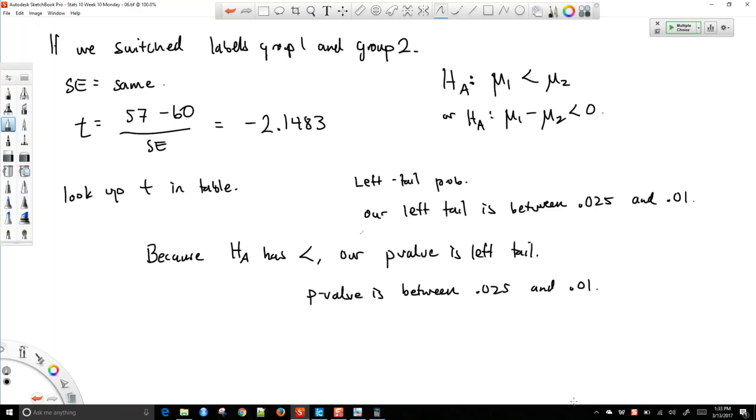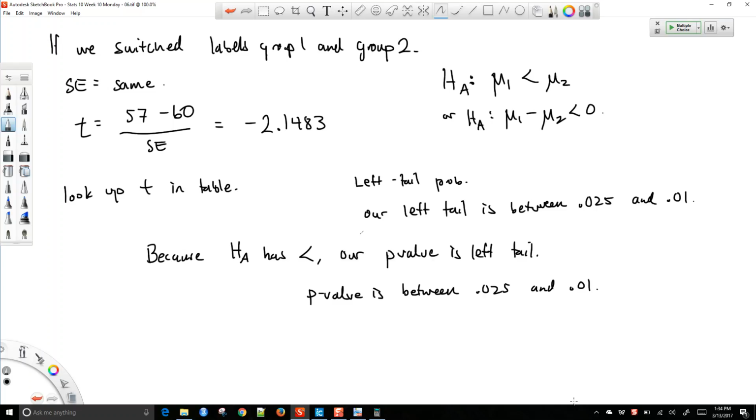So if you had just switched the group labels, your resulting p-value and thus your resulting conclusion will not change, because switching the group labels will switch the sign in your alternative hypothesis, and you'll be looking at the left tail.